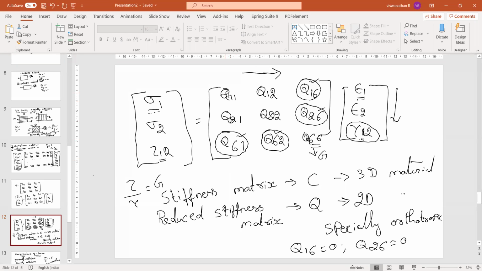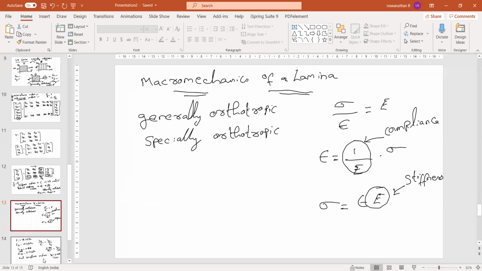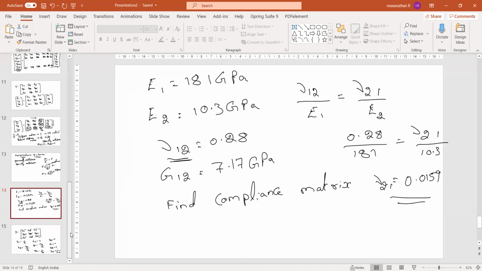C. For stiffness you use C; for reduced stiffness, which is for a 2D lamina, you use the letter Q. This side also is the material axis, and this side also is the material axis.